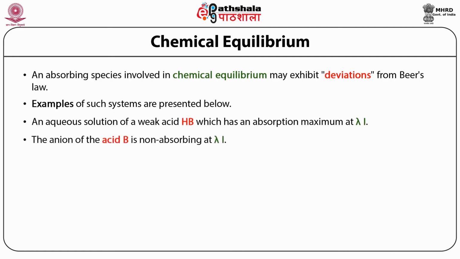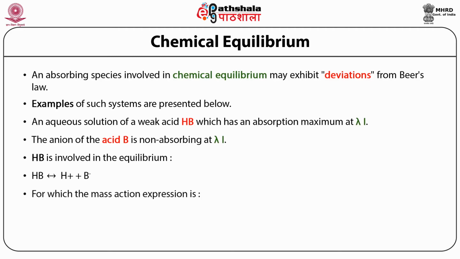The anion of the acid, B minus, is non-absorbing at lambda 1. HB is involved in the equilibrium HB ⇌ H+ + B−, for which the mass action expression is Ka = [H+][B−]/[HB].